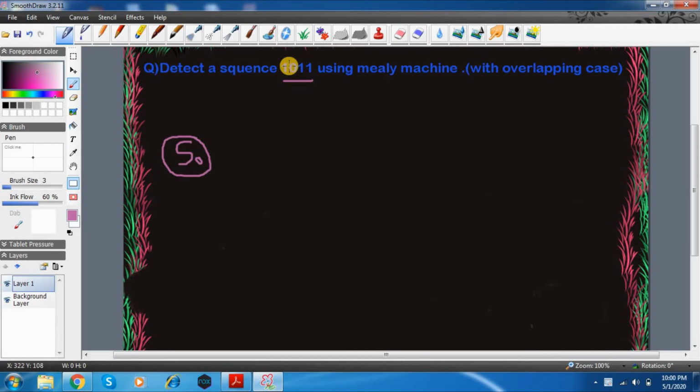When the first bit 1 is detected, it goes to the next state, S1. When 1 is detected, it goes to the next state, that is S1. At that time output is 0.